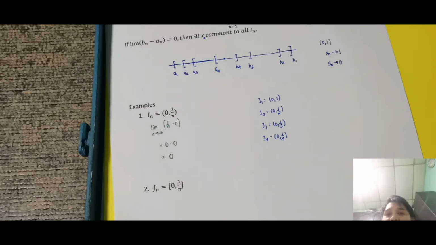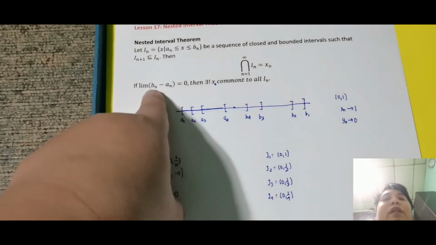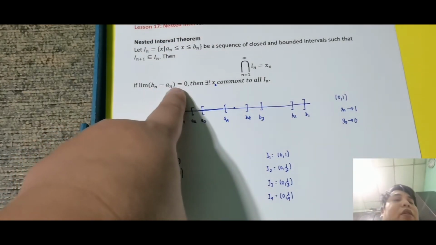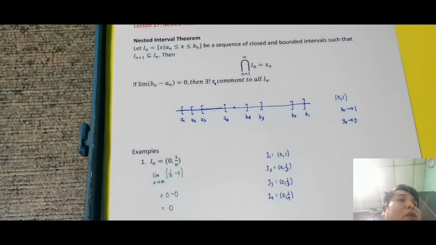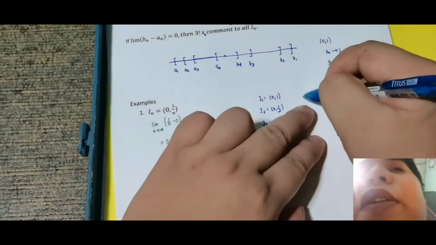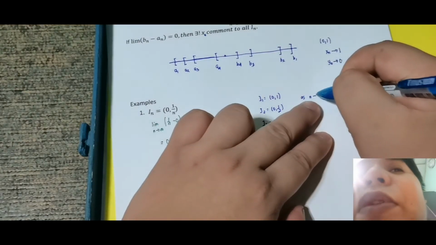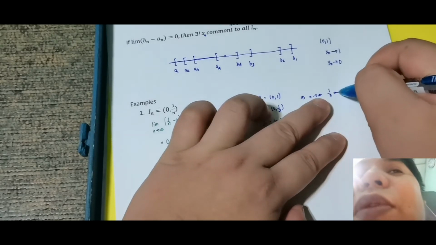Ito pala yung sinasabi ni sir: if the limit of b sub n minus a sub n is equal to 0, so there exists a unique x naught. Yung x naught na tinutukoy doon is either singleton or empty. Pero kung may lumabas na value, therefore baka siya ay interval yung sagot. As n approaches infinity, yung 1 over n approaches 0.